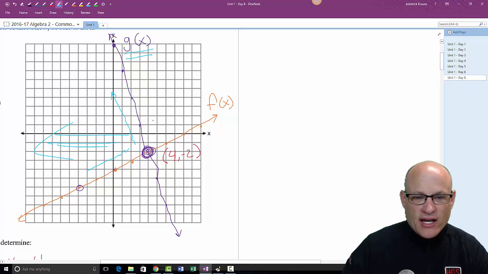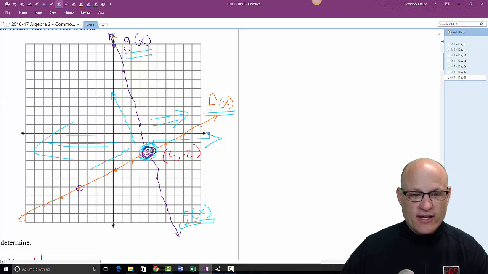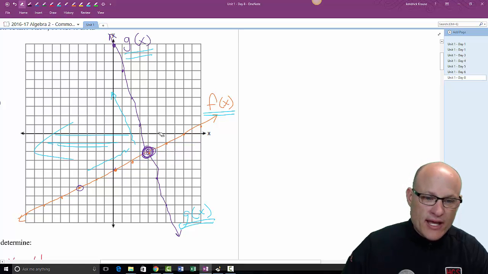When I go to this side, f of x is up here and g of x is down here. So starting at this point right here and going in this direction, f of x is above g of x. And remember, anytime you're going to give a range of values or domain of values, you want to use x values.